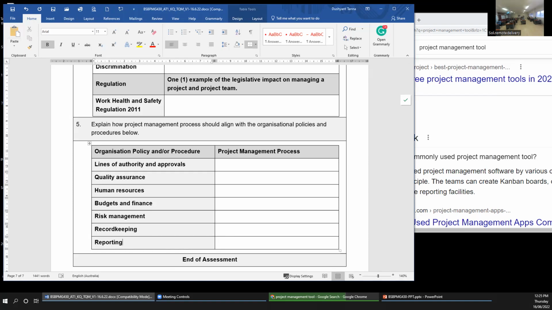And the reporting line: reporting of budget, reporting of resources, reporting of timeline, reporting of the completion of the project. Have you achieved what you were planning to, or did you miss it by some deadline? Yeah, reporting of literally all that.